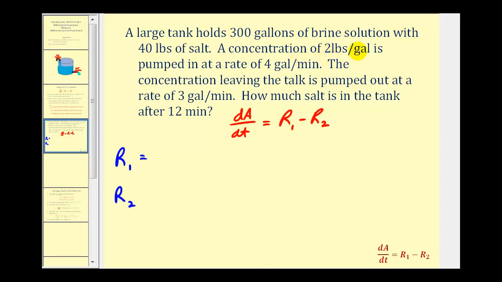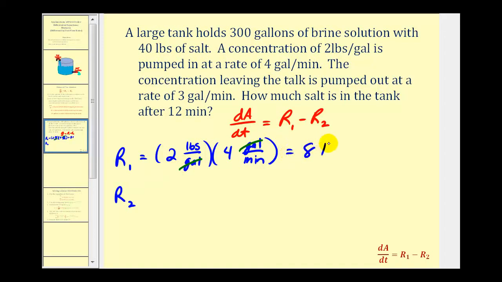We have 2 pounds per gallon pumped at a rate of 4 gallons per minute into the tank. So r sub 1 is going to be the product of these two. And I'm writing the units in fraction form so that we can see that the units of gallons simplifies out. So r sub 1 is going to be 8 pounds per minute.